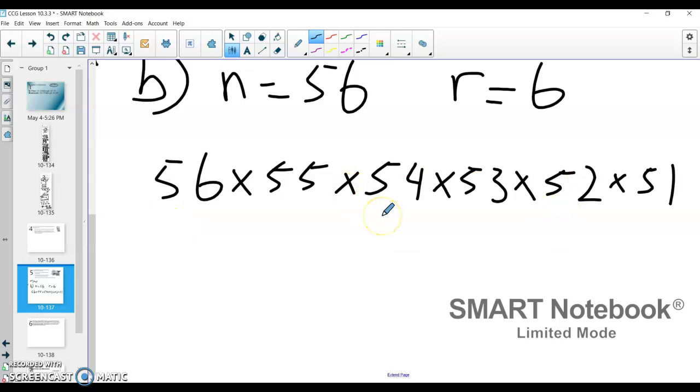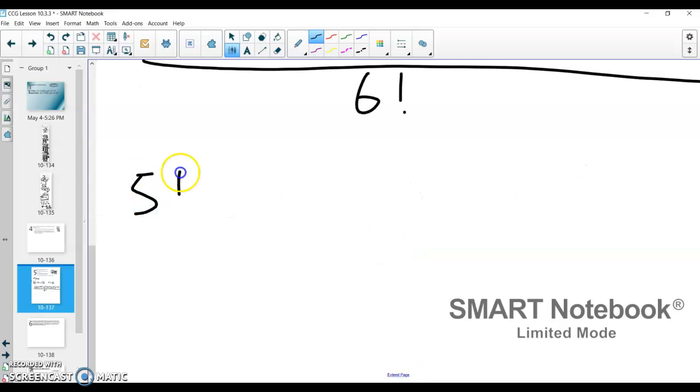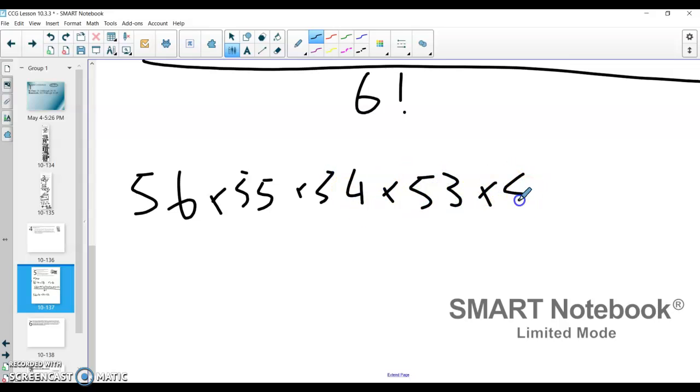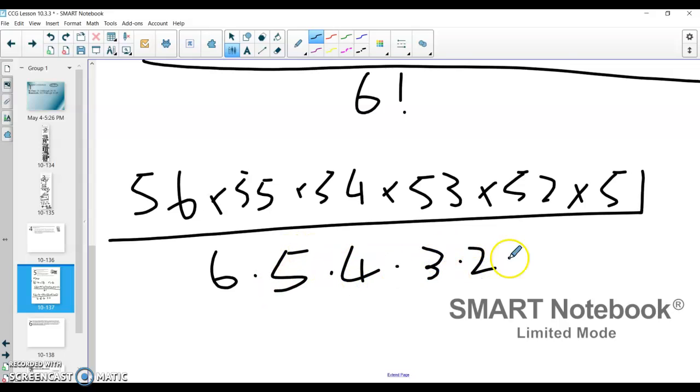That's my 6 for my permutation. Now I'm going to divide those by my decisions factorial, so 6 factorial. Now what that turns into is 56 times 55 times 54 times 53 on top, and down here I get 6 times 5 times 4 times 3 times 2 times 1.